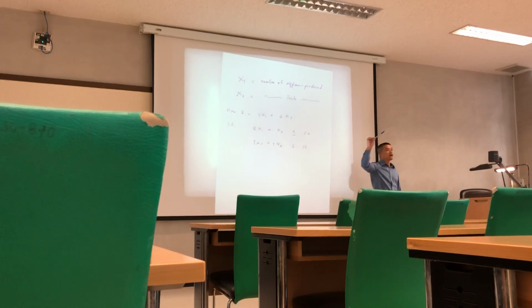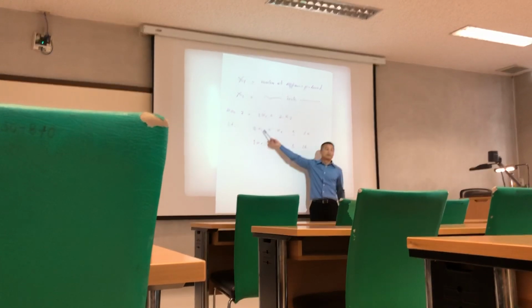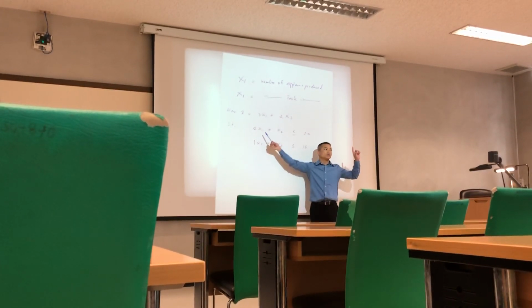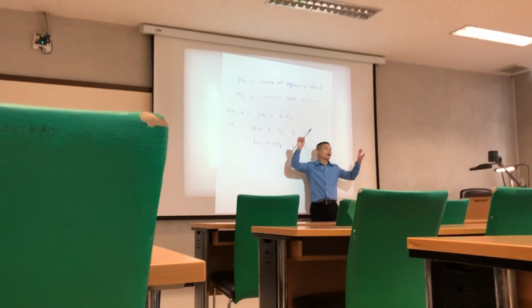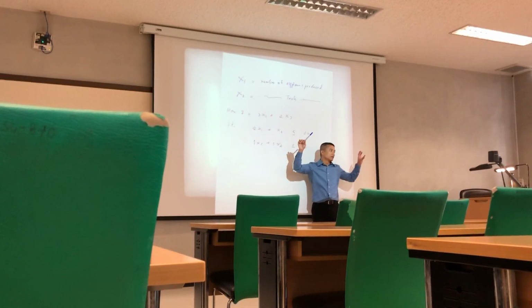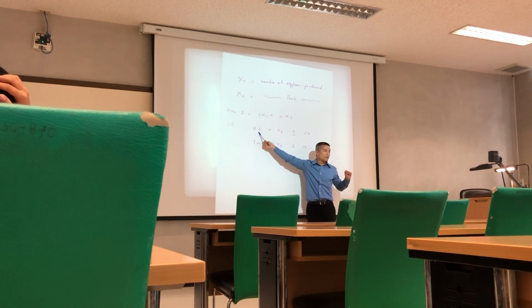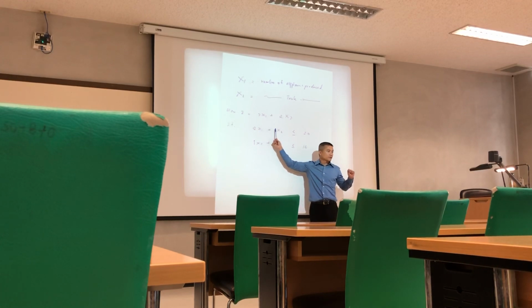You have to think of x1 and x2. You have to think first how you, this is maybe the most difficult part of linear programming, on how you define your decision variable. In this case, x1 is number of airplane produced, x2 number of tank produced, right? Airplane, tank.